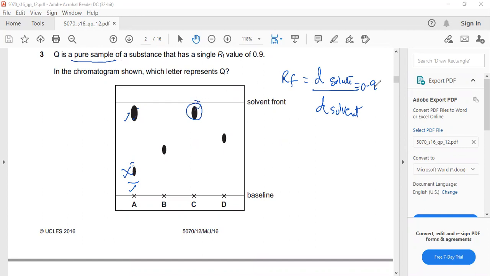Because the answer is 0.9, it means the value is very high. Solute has covered too much distance. If the Rf value is greater, the greater the distance covered by the solute or dye. So C is the answer.